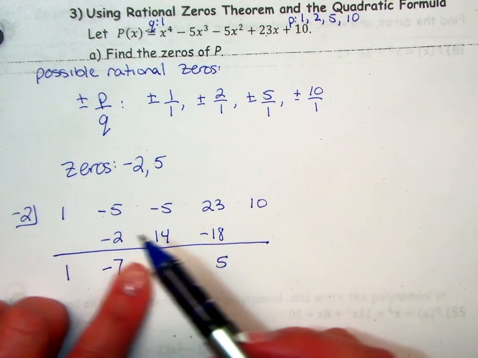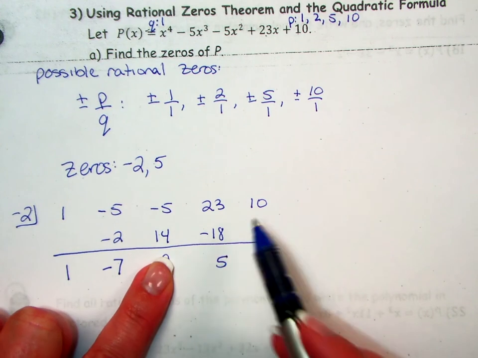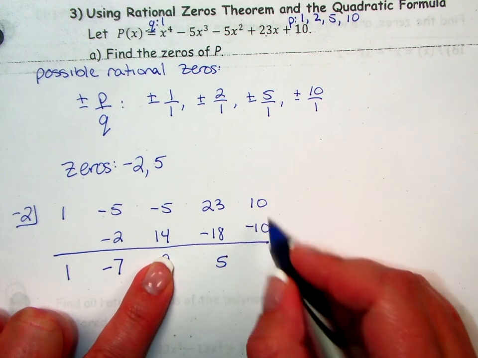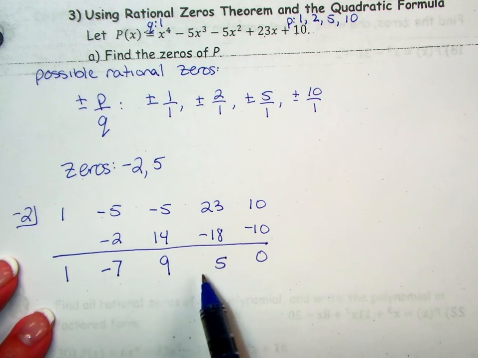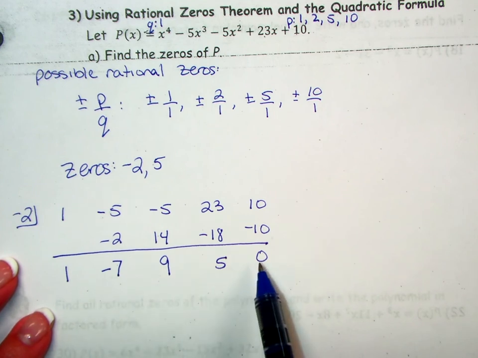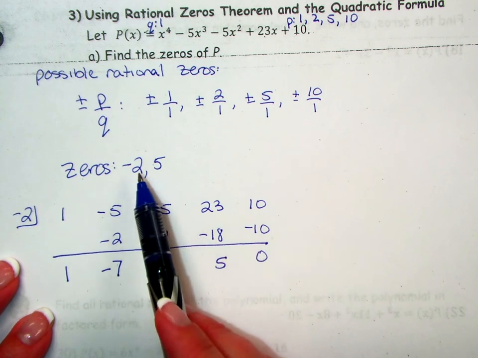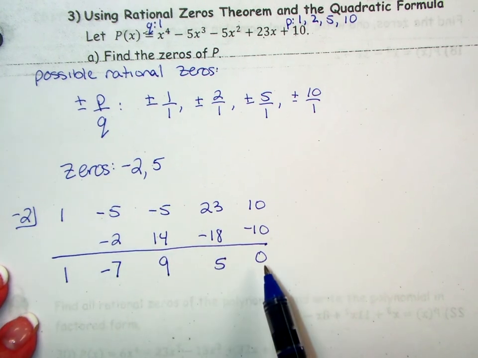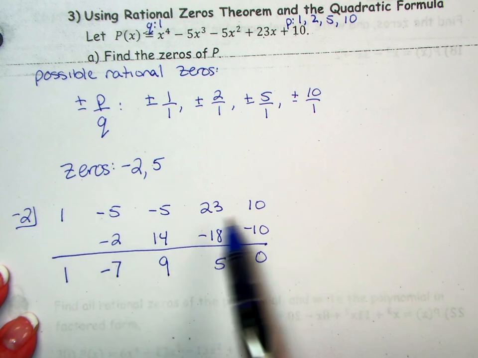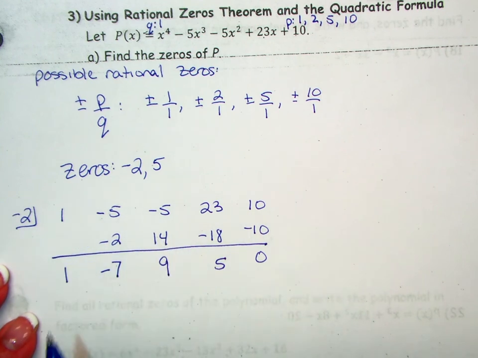Now we're going to do -2 times 5, put it in the next adjacent spot, add down. So notice this is our quotient, right? And then the last number is our remainder, so we had a remainder of 0. If this is a 0, your remainder should be 0, right? If you don't get a remainder of 0, you either forgot a placeholder, used the wrong 0, or added something incorrect. Okay, you absolutely need to get a 0 remainder.